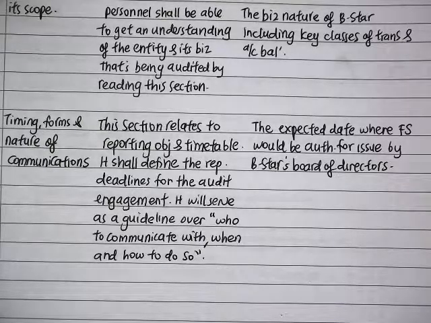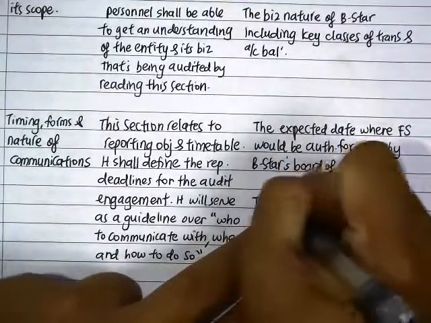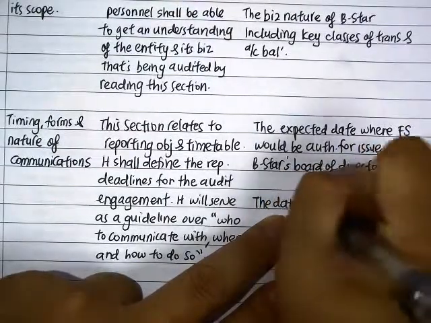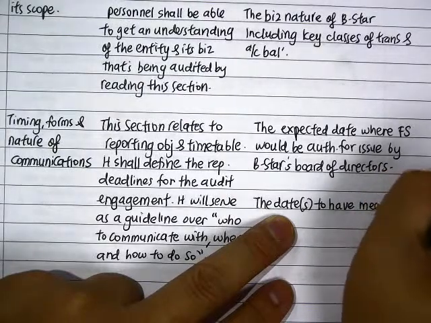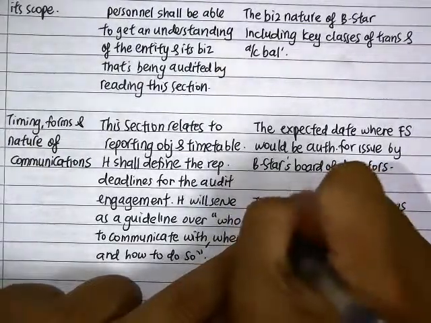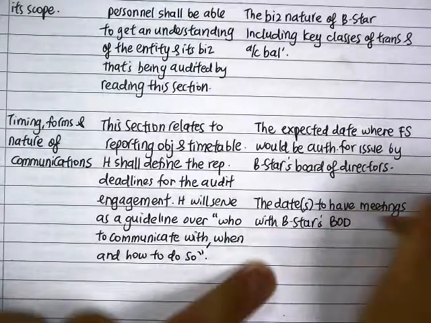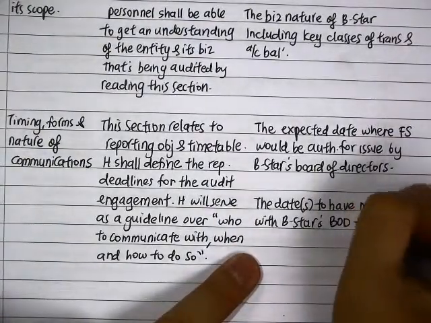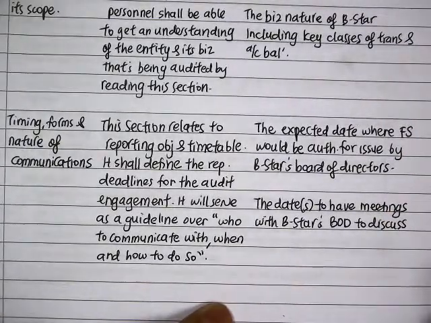Okay, so this is an example of things that we have. Now then also the dates that we will have meetings. So for example, the dates to have meetings with B Star's board of directors to discuss various issues.